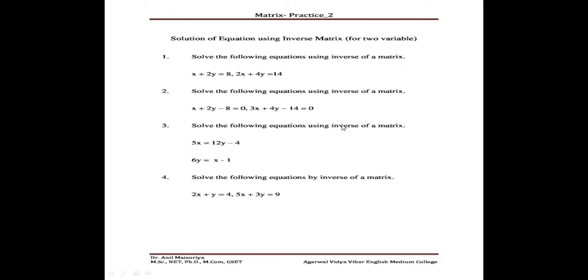Okay. And now in the next lecture we will discuss how to find the inverse of a 3 by 3 matrix. Now there might arise one question in your mind, or you should ask this question: can we find the inverse matrix for a 2 by 3 matrix or a 3 by 2 matrix?